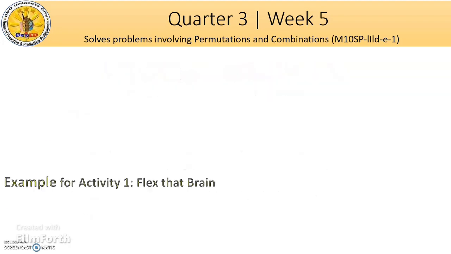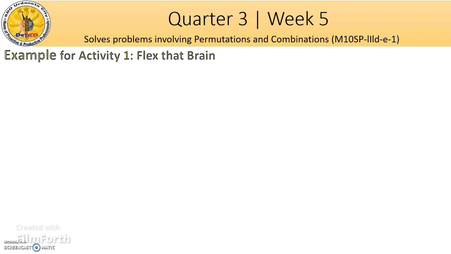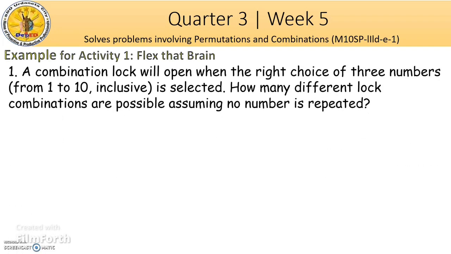Now, let us have some examples. For activity 1, we have a combination lock that will open with the right choice of 3 numbers, meaning you have 1 to 10, that is inclusive. So you are going to select from 1 to 10. How many different lock combinations are possible, assuming no number is repeated? Now, since it is a combination lock, you must be thinking it is a combination, but it is actually a permutation problem.